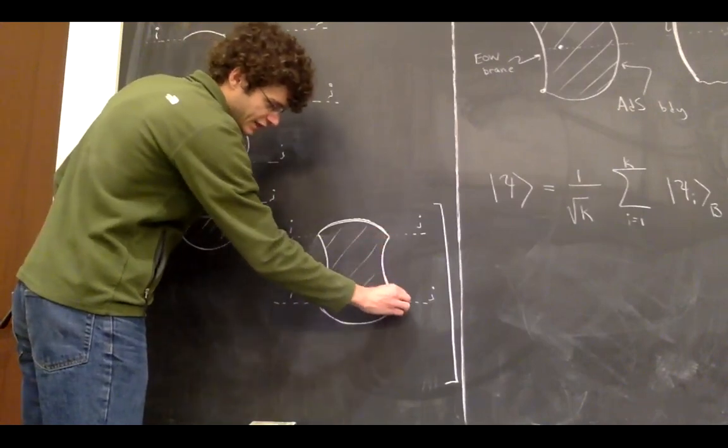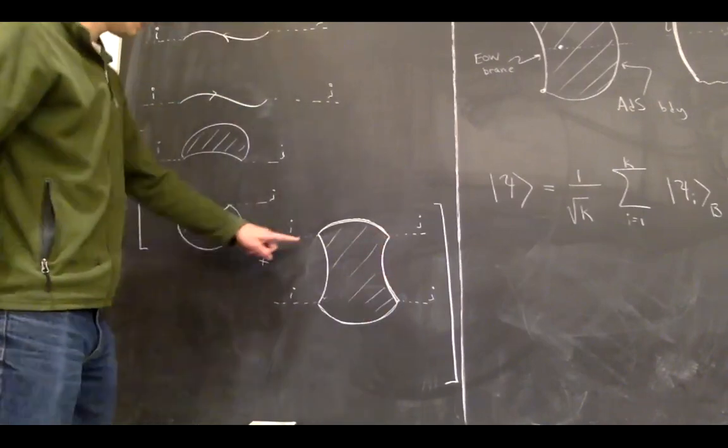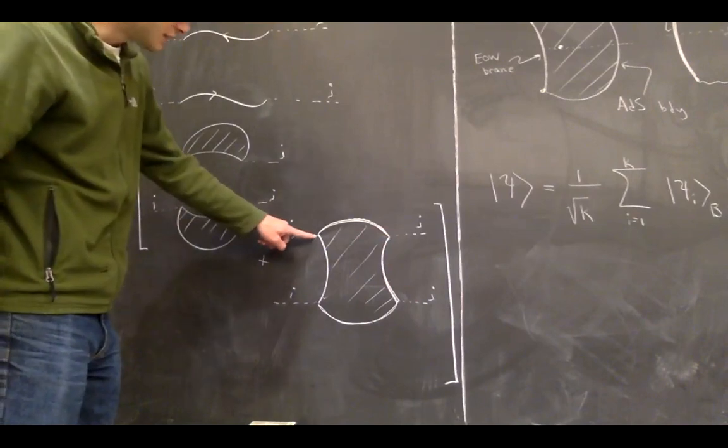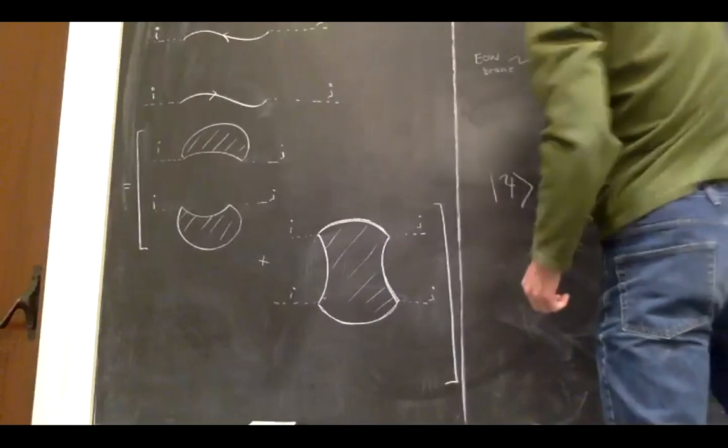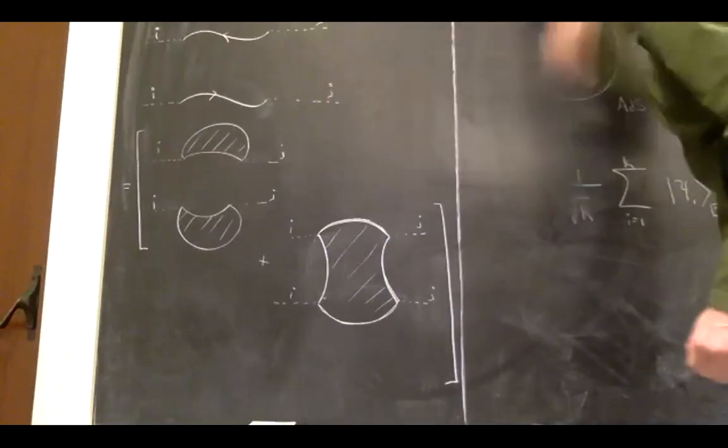And if you look at this diagram, you'll notice that it is non-zero for any value of i and j.